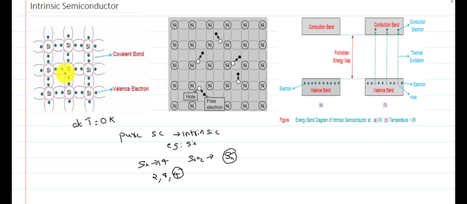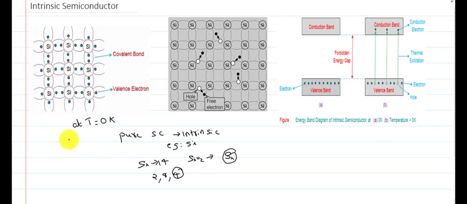So there are no free electrons at T equal to 0 Kelvin. So we will have a doubt: this is an intrinsic semiconductor at T equal to 0 Kelvin, there are no free electrons, so how will it conduct?